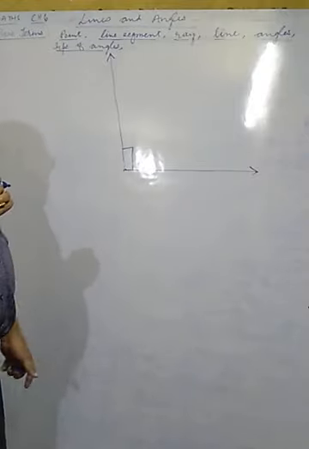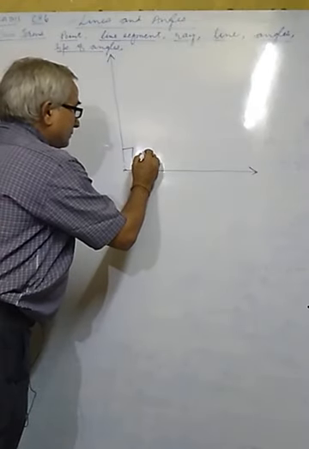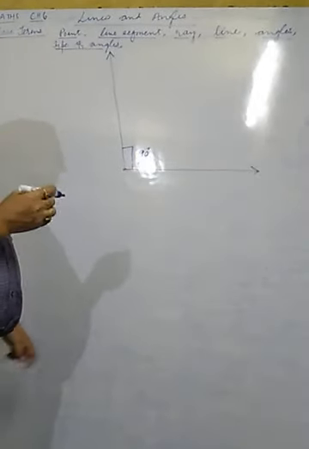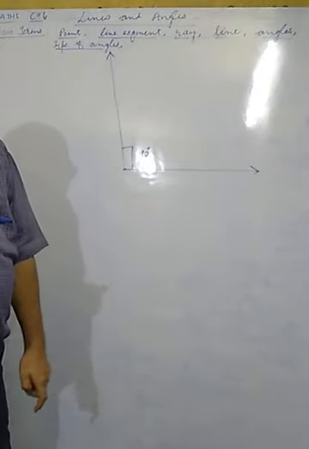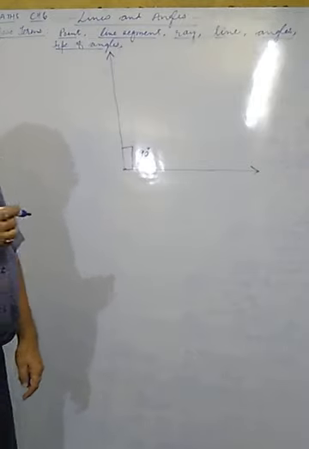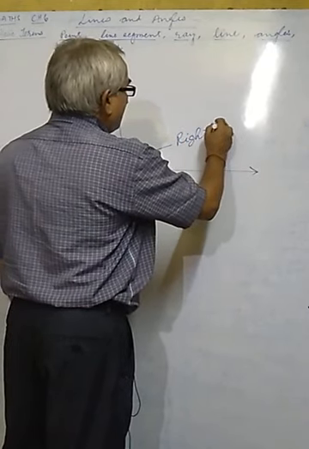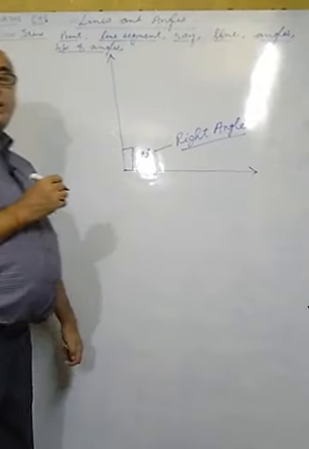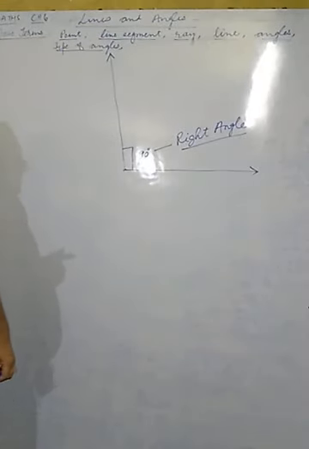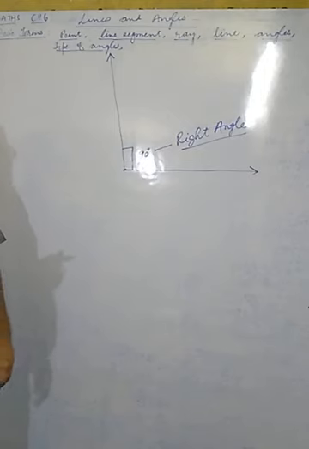The magnitude of curvature would be 90 degrees here. If the magnitude of a single angle is 90 degrees, this one is known as a right angle. It means if the measurement between two arms of the angle is 90 degrees, such angles are known as right angles.